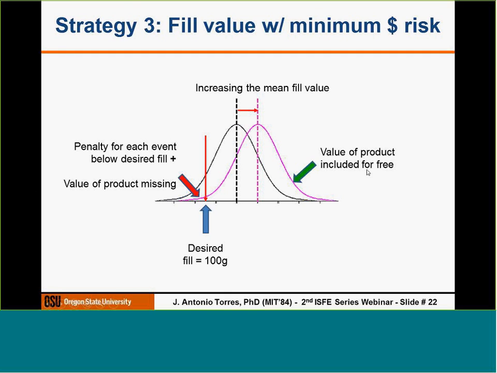So add this amount, and this amount will find a cost of giveaway. So the value for C is negative, product missing is in favor. Right? So there's a possibility of finding a minimum.